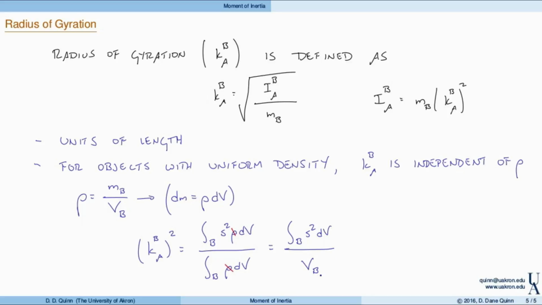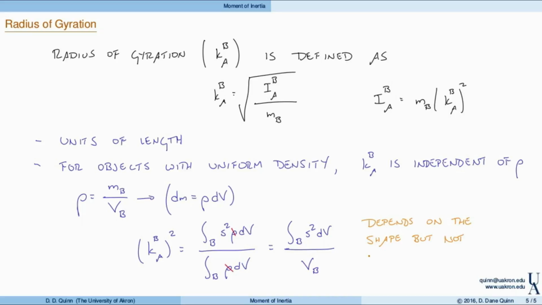Again, this doesn't depend on the mass of the object. In particular, it doesn't depend on the density of the object, because we assumed that the density was uniform. It's only a function of the shape, but not the material. So what that means is that if I were to make an object and I wanted to know what happened as we changed material, the radius of gyration would stay constant.